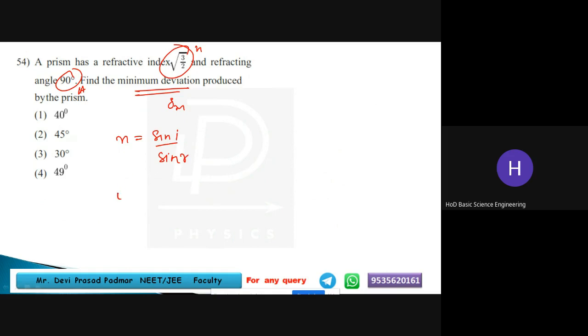So n is root 3 by 2, equal to sine i by sine r. You know A equal to 2r. Therefore r equals, at minimum deviation, A by 2, that is 45 degree. Therefore, sine 45 you can consider.